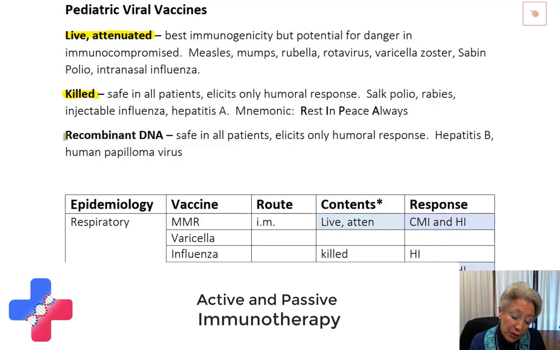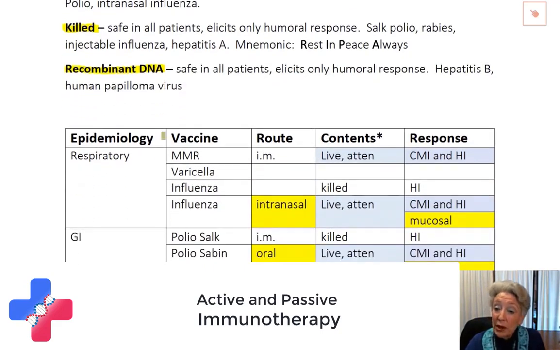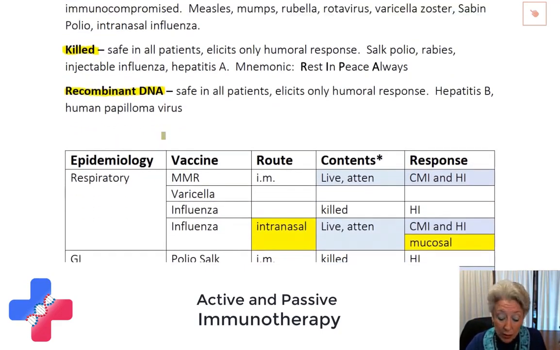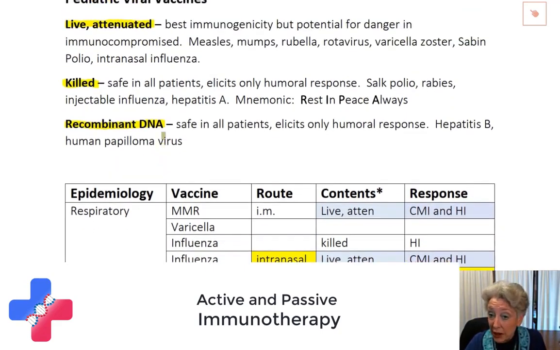And then finally, the most recent development has been the onset of those that are made by recombinant DNA, where we actually find the molecule and the genetic coding for it. We clip that out of the organism, put it into another organism like E. coli, and cause it to make that molecule. And then we use that purified molecule as a simple single injection.